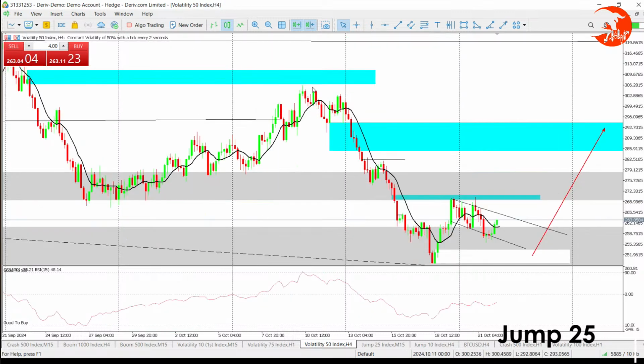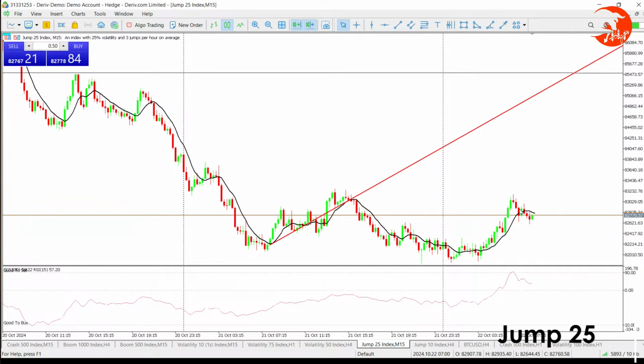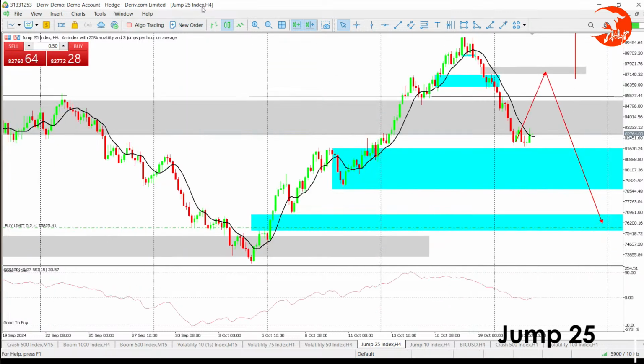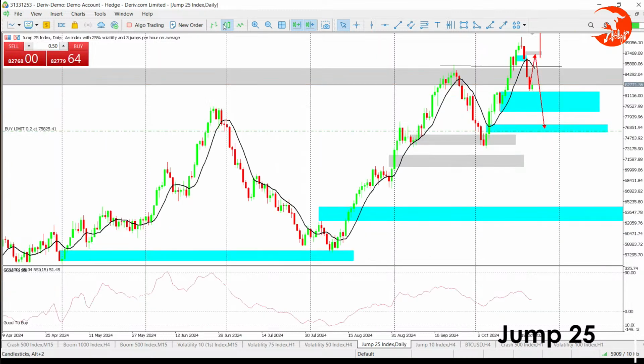Jump 25, H4, daily. All right, so we haven't reached what we want yet. We are almost reaching it. Remember, we are looking for that to buy in the discount. So we have two levels, either that level or this level, to make our entry for buys.